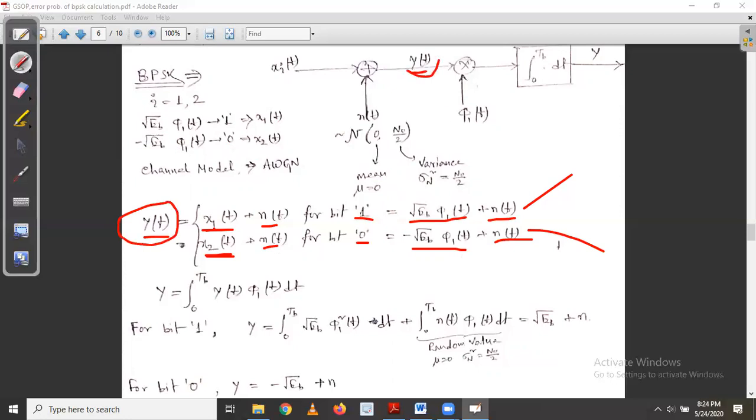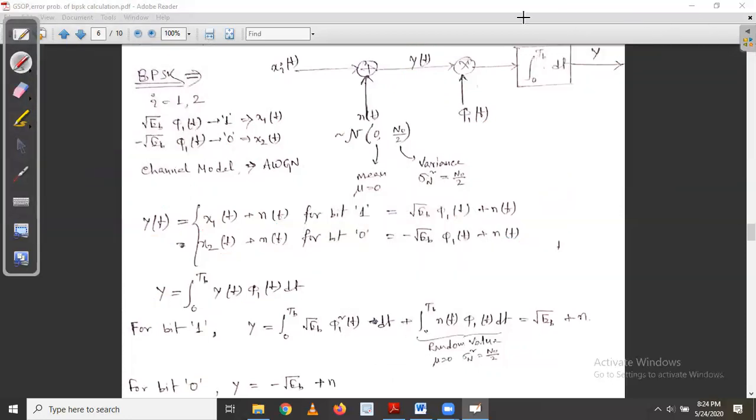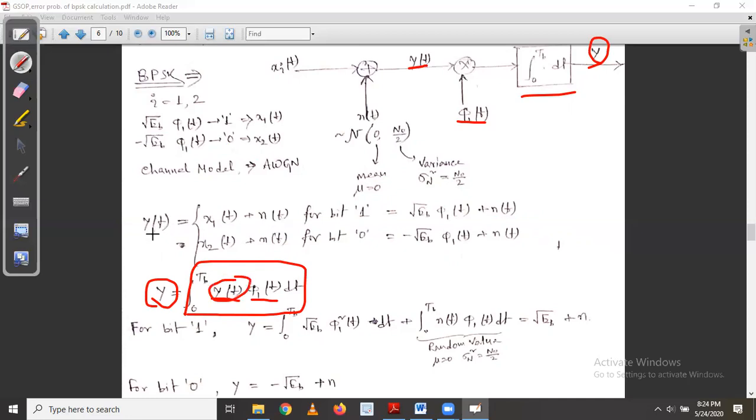This y(t) is passed through a multiplier, multiplied by phi 1 of t, then an integrator, and finally we get Y. So don't get confused: y(t) is multiplied by phi 1 of t and passed through an integrator. That is why we do this integration, and finally we get Y. This is y(t), which is these values.